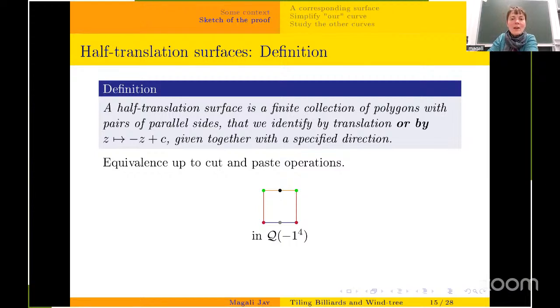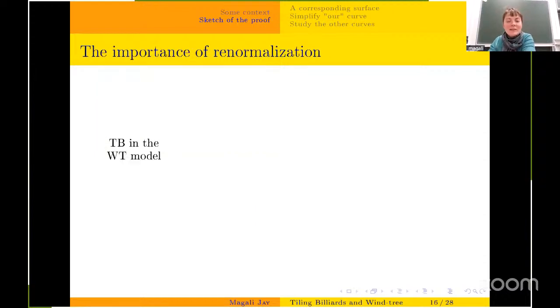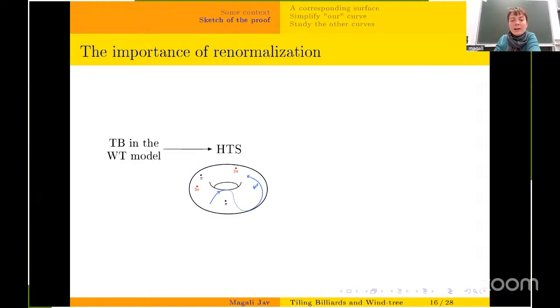Okay, so now I will use these surfaces to answer my problem, to show the theorem. So the strategy is the following. I have the tiling billiard in the wind tree model. I associate to it a half translation surface, where the trajectory of the tiling billiard in the wind tree model becomes a geodesic.